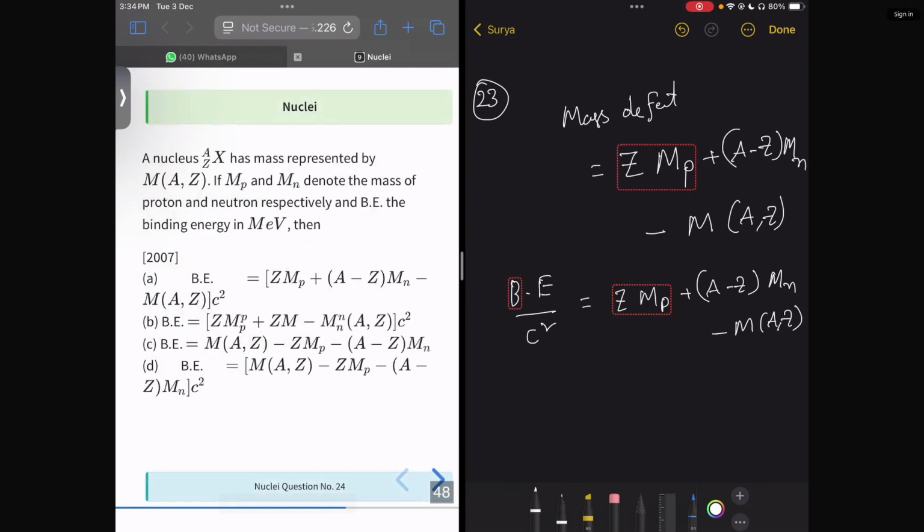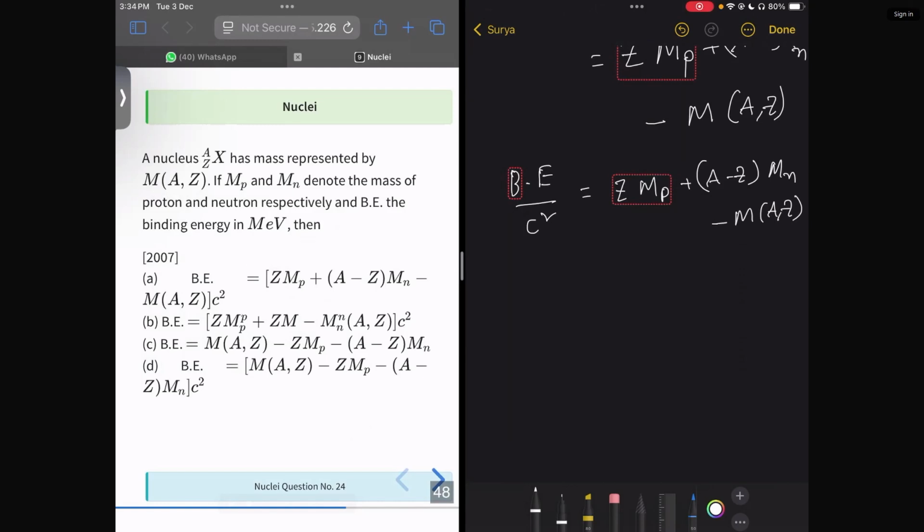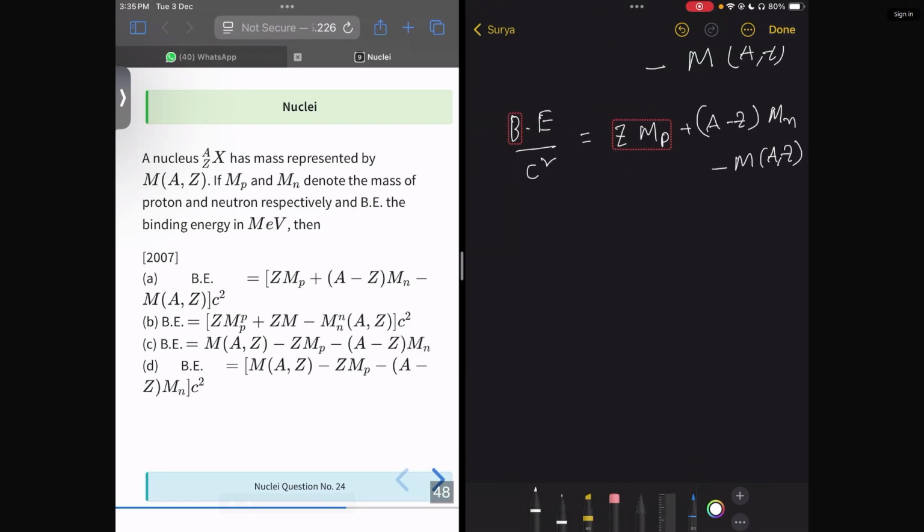So next question. A nucleus has mass represented by M(A, Z). If Mp and Mn denote the mass of proton and neutron respectively, and BE the binding energy in million electron volts, what is the correct relation? So actually there is a difference in mass between the nucleus and its constituents. We will call it delta M, the mass defect.